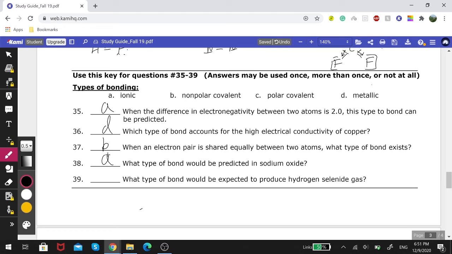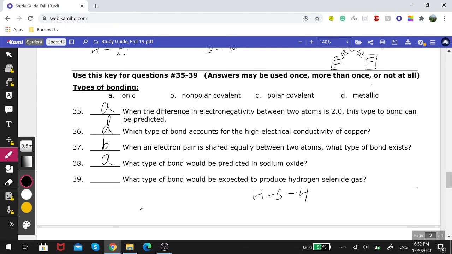What type of bond would you expect to produce hydrogen selenide gas? So H is 2.1. You should memorize that. And now S is right next to H. S is right next to Cl. So you can tell that S is also pretty big. So now let's count.